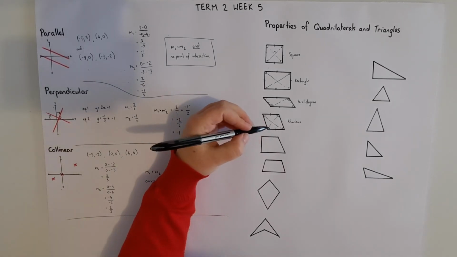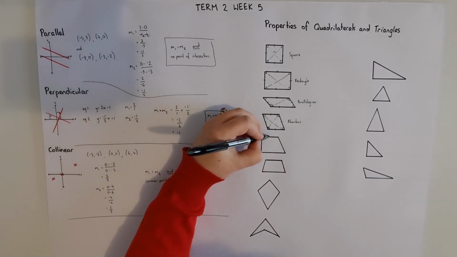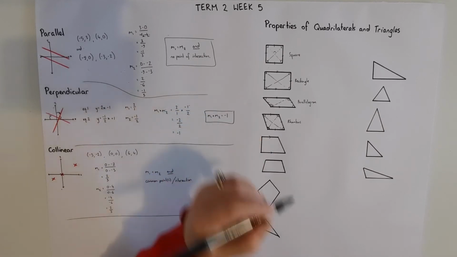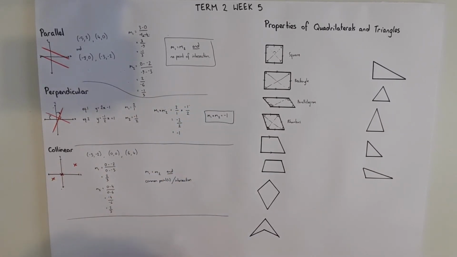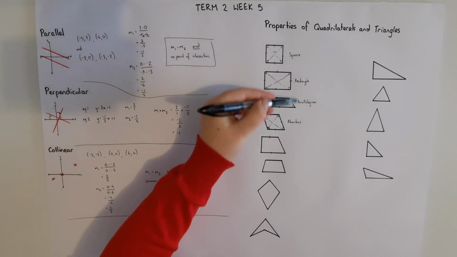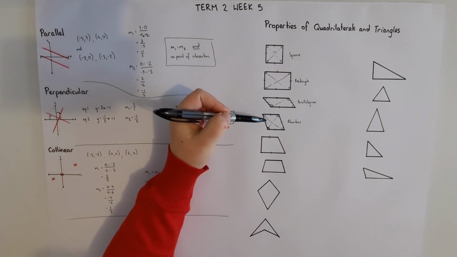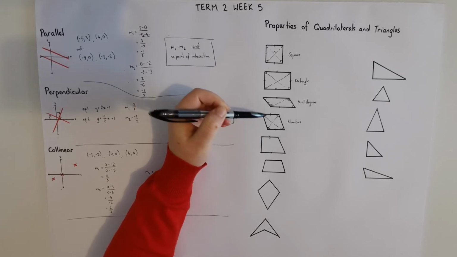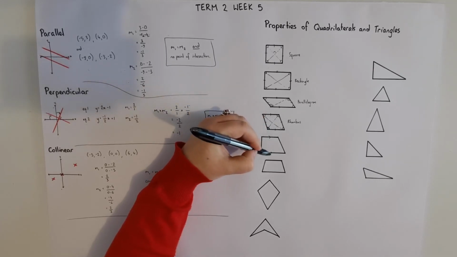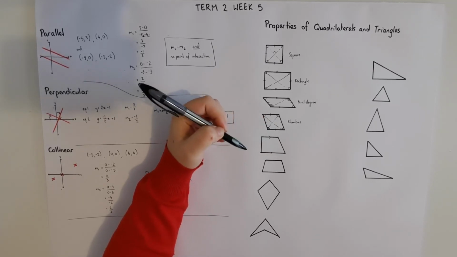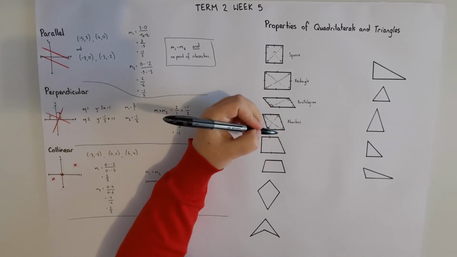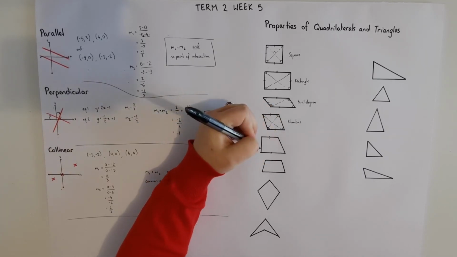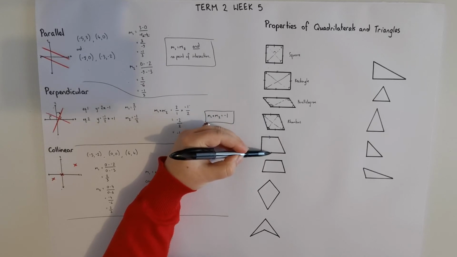Hopefully you're keeping up with all this. Next, trapezium. Just to keep things clear, since I'm no longer using my dashes to indicate length, because none of these lengths look the same, I'm now slightly more free to use these arrows which indicate parallel. One pair of opposite sides are parallel, just the opposite ones.